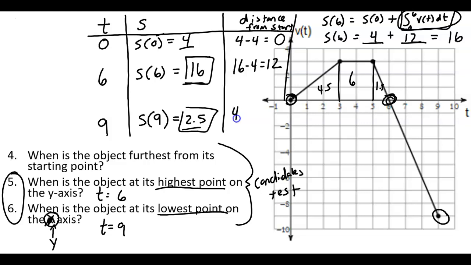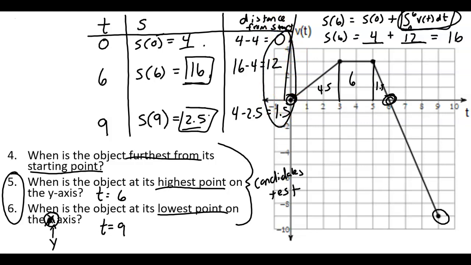How far is 4 away from 2.5? Well, that's about 1.5 spaces away. So when is the object farthest from the starting point? Basically, just take your answers that you got for s and subtract them all from the starting point, and you're going to have your answer. Which one of these is the greatest value?